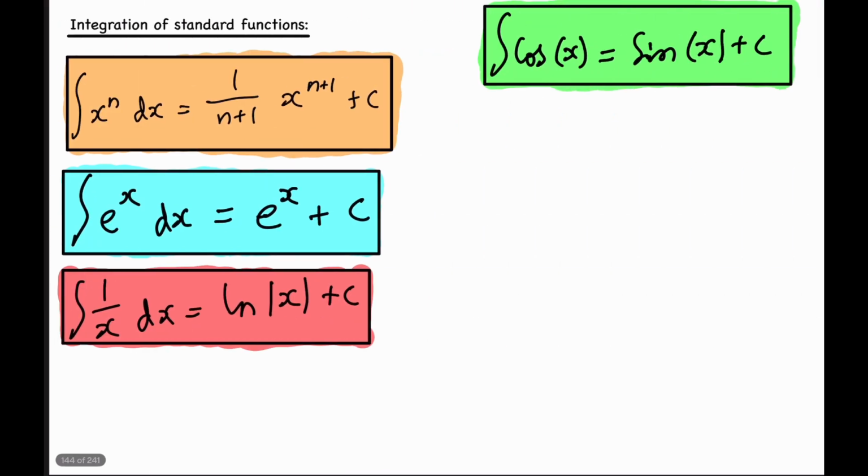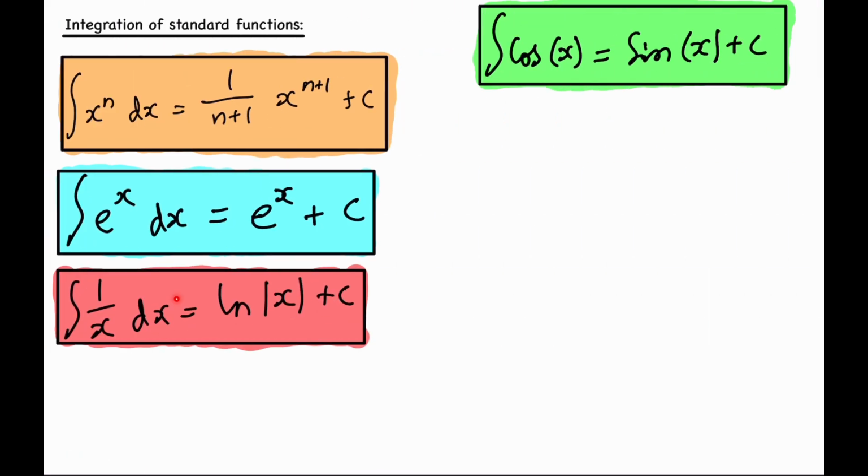So it's really useful to know, especially this one, and this one's also very useful. So when you have trigonometric functions, sine differentiates into cos, and cos, when you integrate it, you'll turn it into sine, and also add your plus c, because you might have had a constant that was lost when you differentiated.